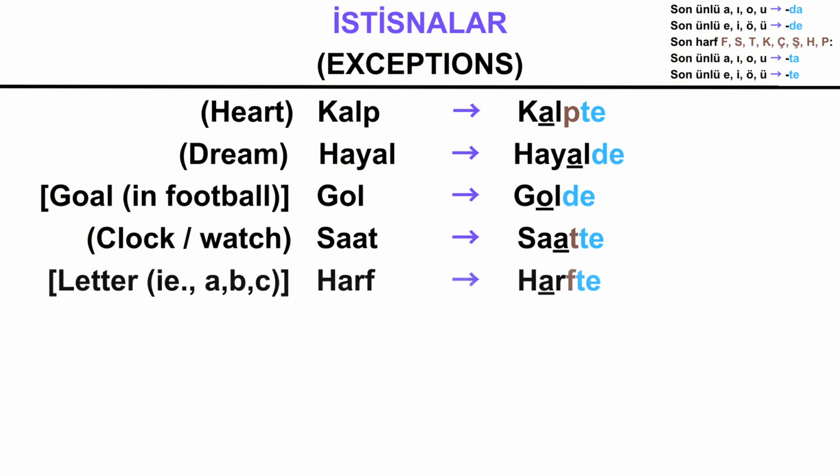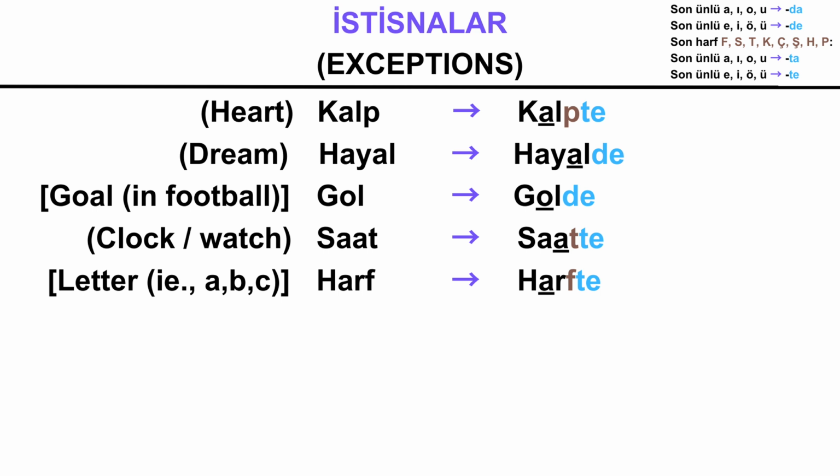Harf. Again, harf. The last letter is F. It is one of those brown letters in fıstıkçı şahap. That's why we are gonna make a decision between ta or te. Harf, because the last vowel is a, you think we might need to put ta.